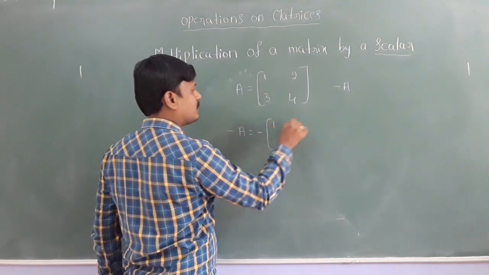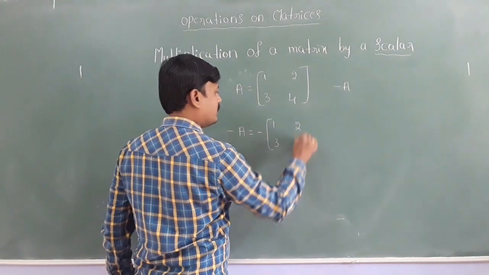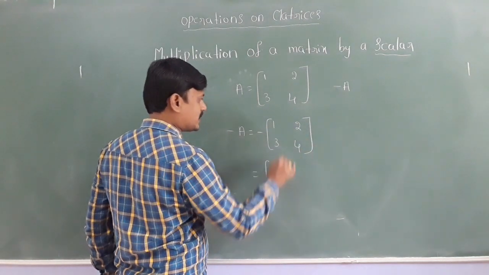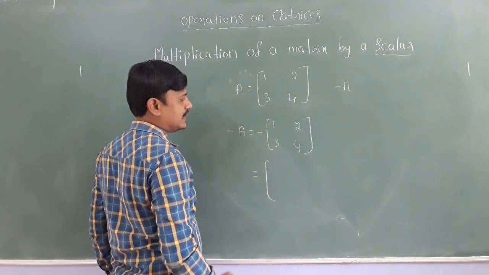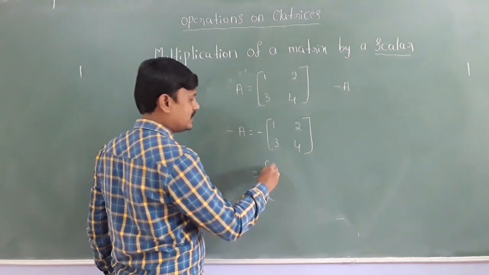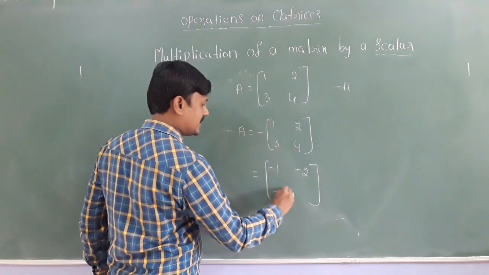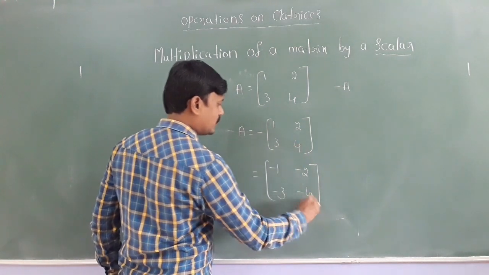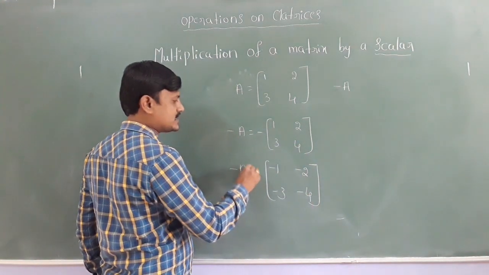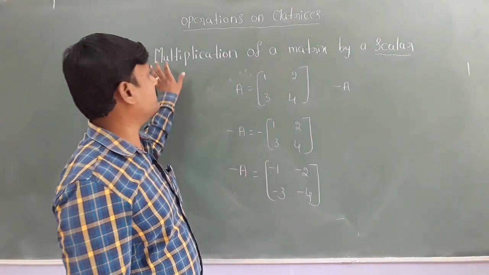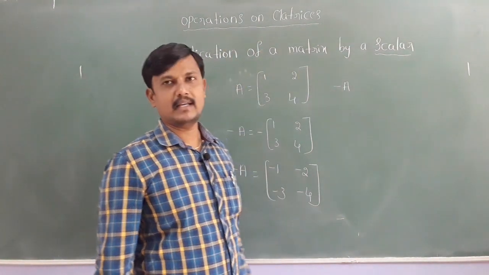What is the matrix A here? 1, 2, 3, 4. Here all the elements of matrix A are multiplied by minus 1, or negative sign. It is minus 1 and it becomes minus 2. It is minus 3 and minus 4. It is the value of minus A. Therefore, it is the multiplication of the matrix by a scalar.